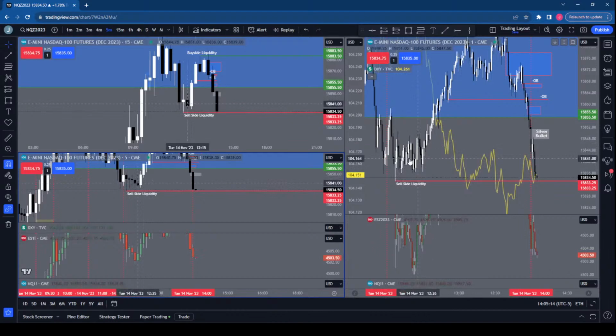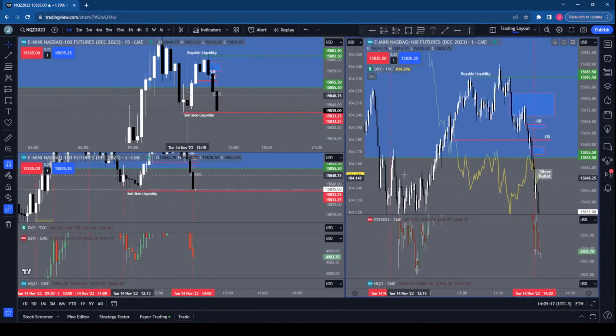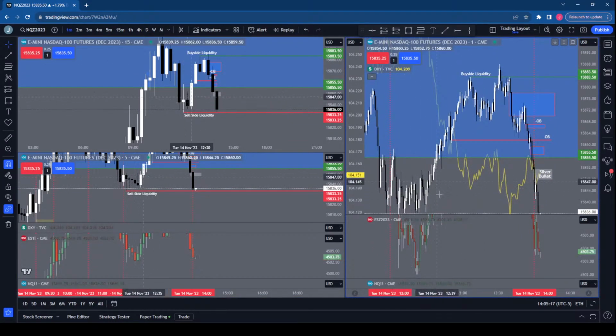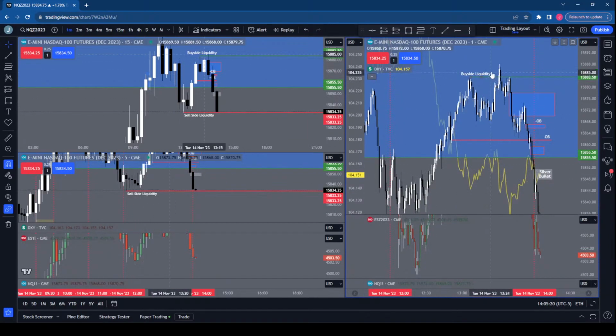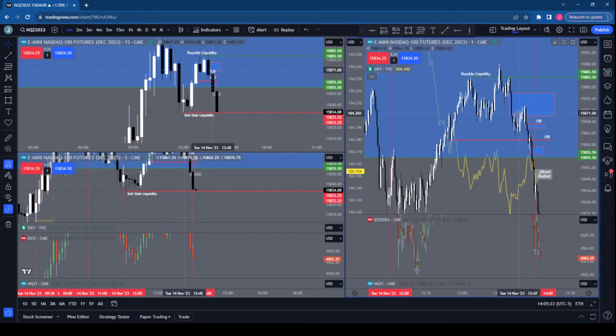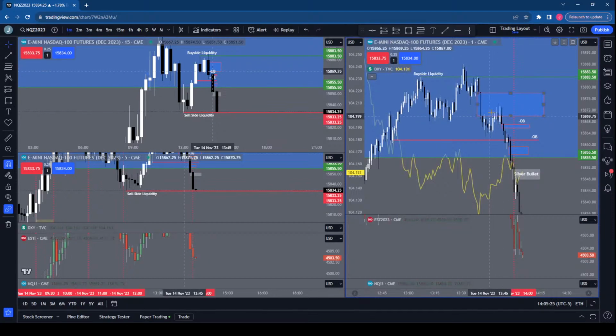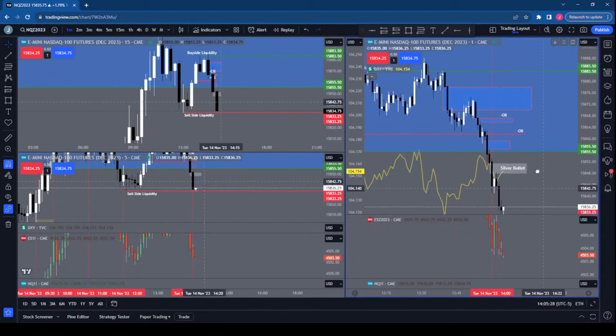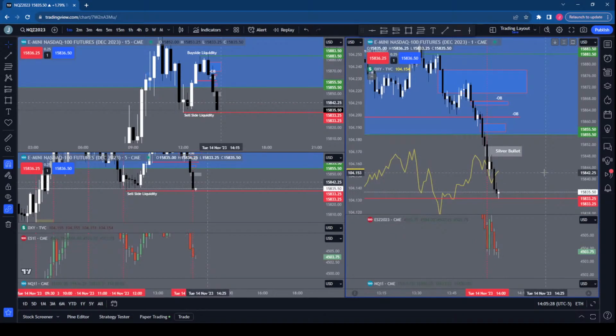So it's like a little mini market maker sell model right here, with the original accumulation all the way up, smart money reversal, first stage distribution, and then a really small second stage.